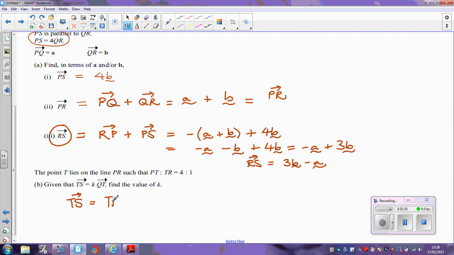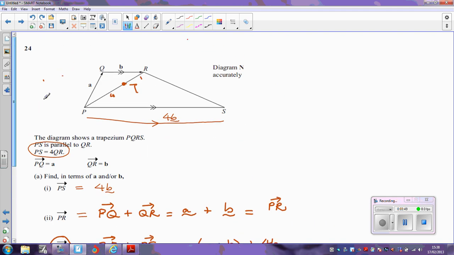I'm going to go from T to R, and then I'm going to go from R to S. So let's have a look at TR to start with. Well, TR, I can see that TR is actually 1/5, because from T to R is 1 part, from P all the way to R is 5, so from T to R is 1/5 of PR.